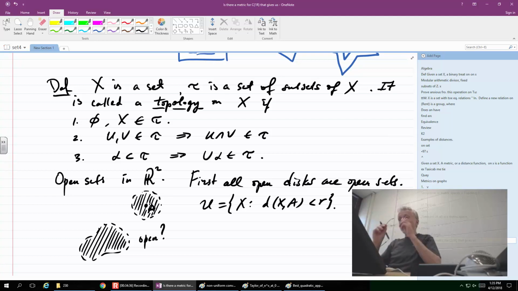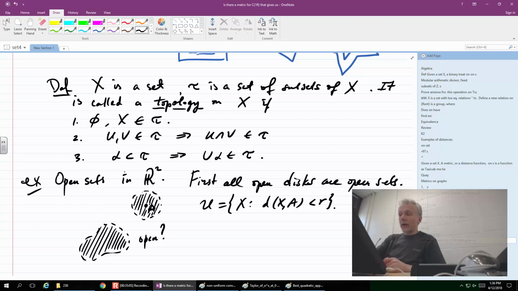Without using the word boundary, that's the thing about it, is that we do want to use eventually sequences or boundaries or anything like accumulation points, limit points, whatever, they come from this set of axioms. So right now we want to concentrate entirely on open sets and define open sets in the plane using nothing but the balls, or disks rather.